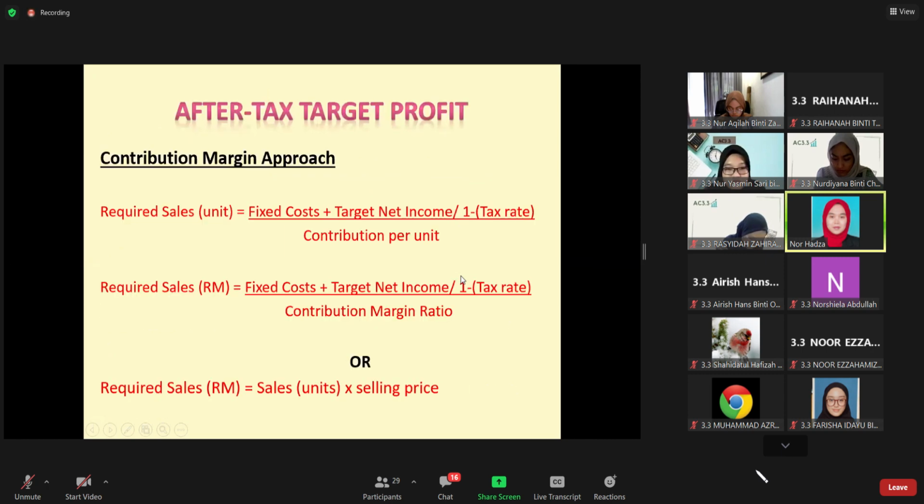Now, if the profit given is before tax, before deducting tax, what if the target profit given is after tax? Then you need to gross up the profit.